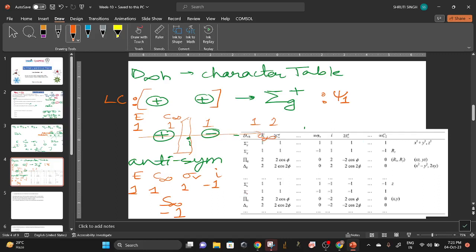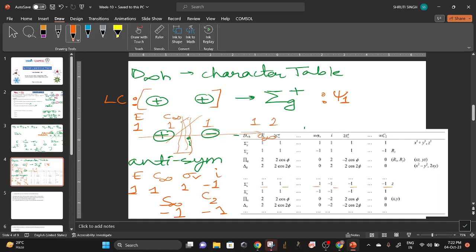So if this is C infinity, a C2 can be like this, perpendicular to it. Anything perpendicular to C infinity will change the positive and negative, so for C2 this also will be -1. So this combination is 1, 1, 1, -1, -1, -1.